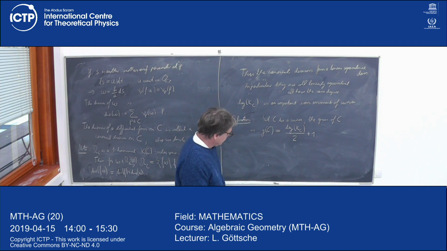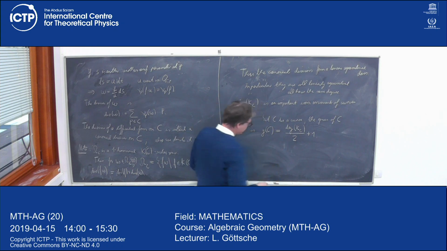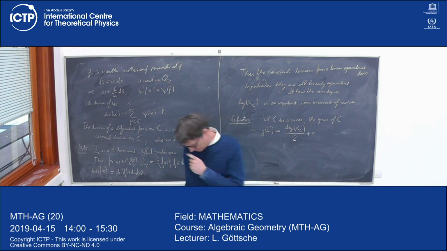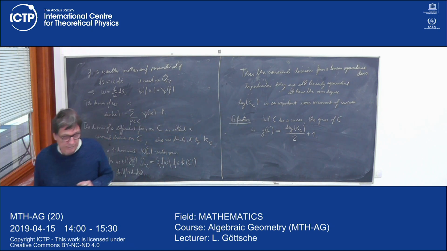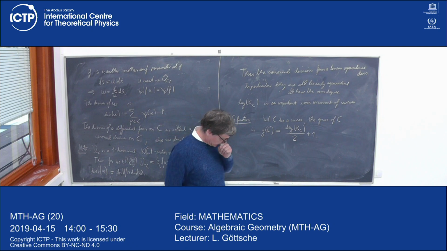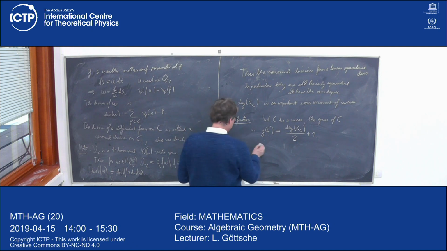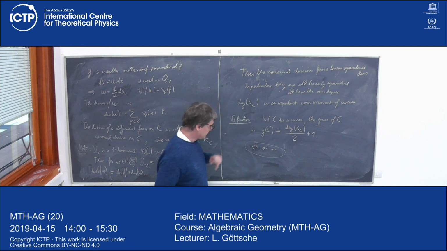In fact, obviously I cannot show that, but if you are over the complex numbers, then an algebraic curve is a Riemann surface, an oriented Riemann surface, and so you can write it somehow like a sphere with so many handles, and the number of holes you have here is the genus.